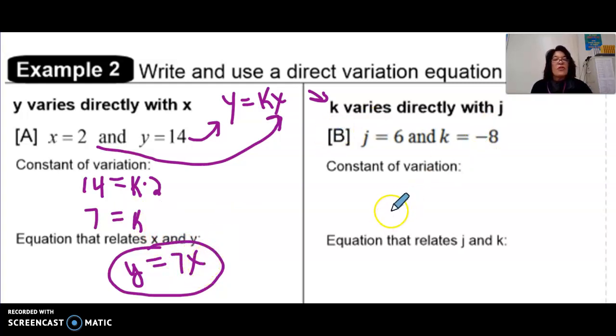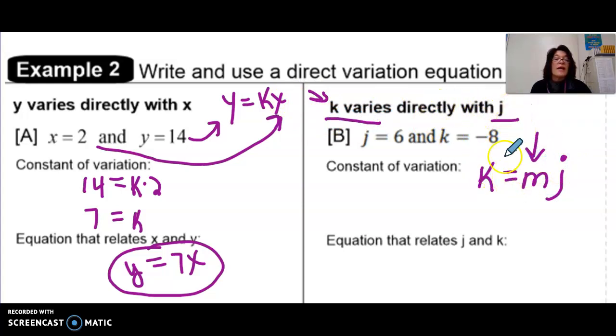K varies directly with J. So K equals, I'm going to have to use a different letter, K equals MJ. When they say K varies directly with J, they mean there's a number that I can always multiply by J and get K. They're telling me that K is negative 8 when J is 6.